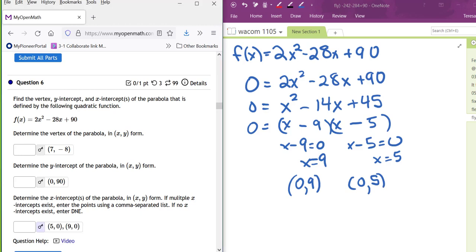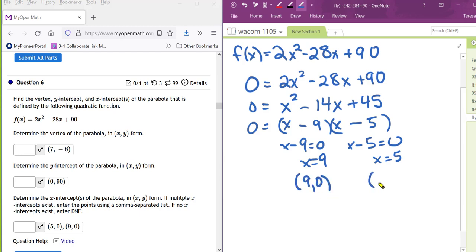Well, I put them in the wrong place, so you should not do that. Let's erase that. That calculator got me rattled, huh? 9, 0 and 5, 0, because they're on the x-axis.